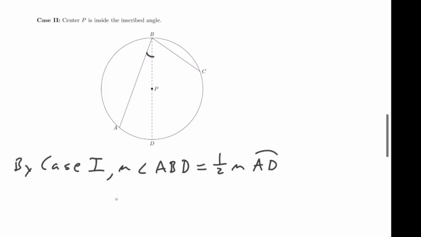Similarly, the measure of angle DBC is equal to 1/2 the measure of arc DC.